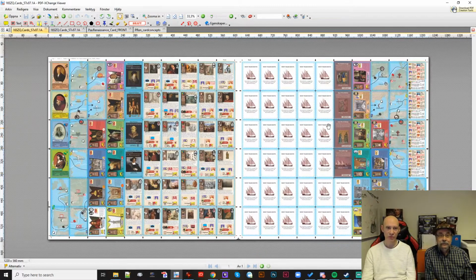So this is what we're looking at here. By the way, a portion of the cards. I would say roughly half of the basic cards. In this 2nd edition of Pax Renaissance, we will not only include these ones and the other half of these ones.